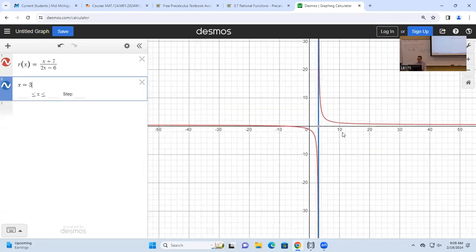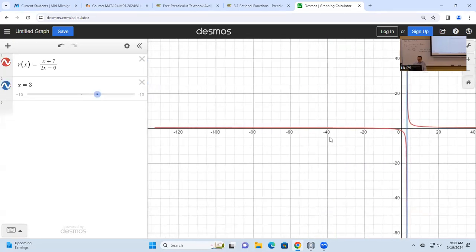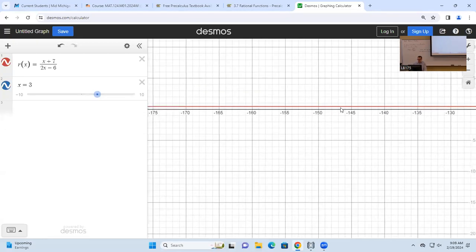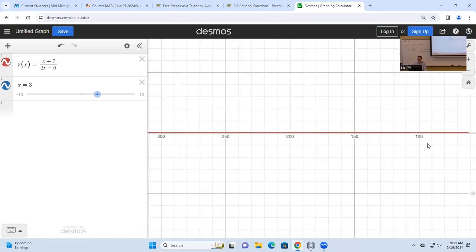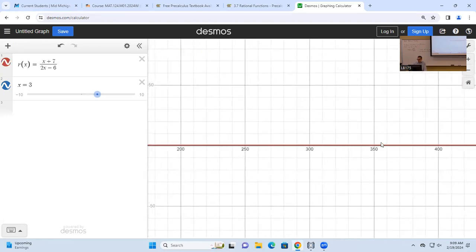If you scroll out and you move over to the left as far as possible, what you'll see is that my function levels off as I move to the left. And as I move to the right, it also levels off.